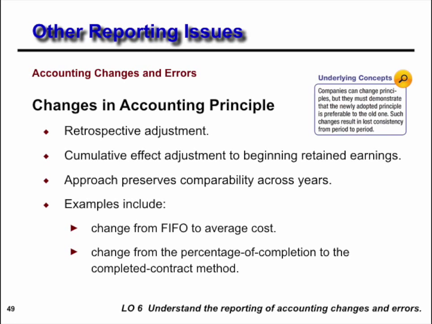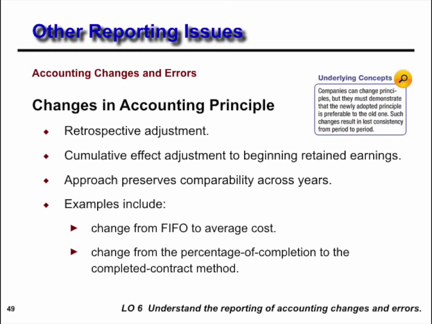The company then uses the new accounting principle in its current financial statements. The financial statements for the prior periods are restated as if the new accounting principle had been applied in that period.